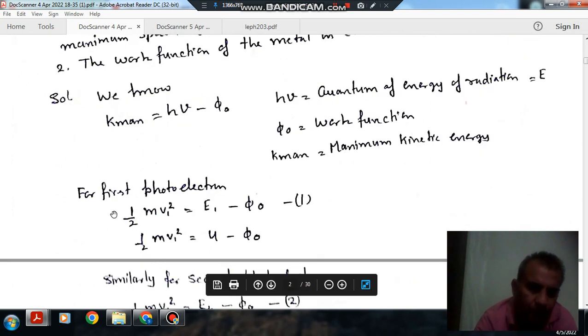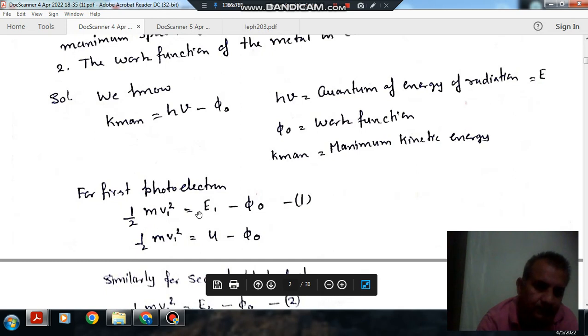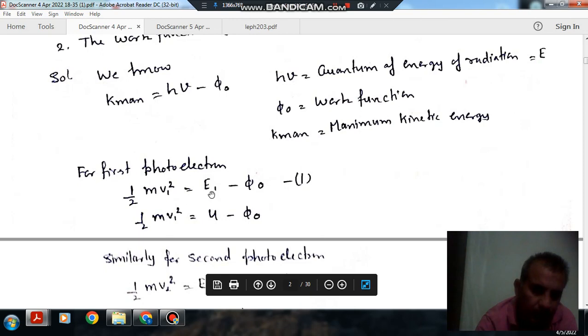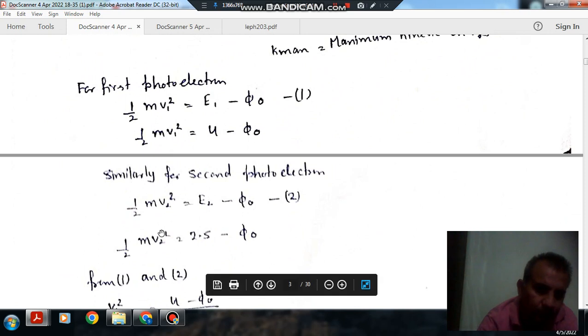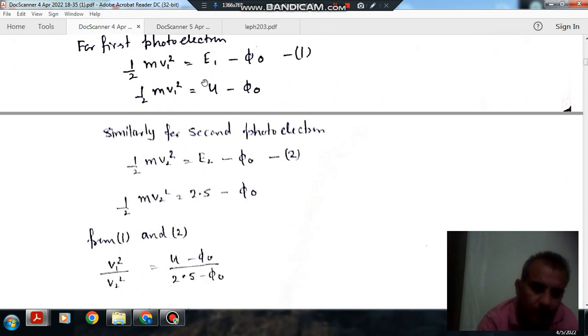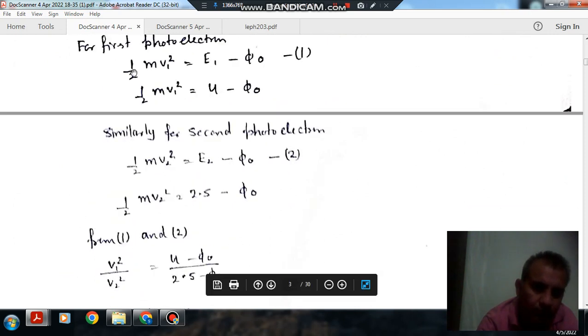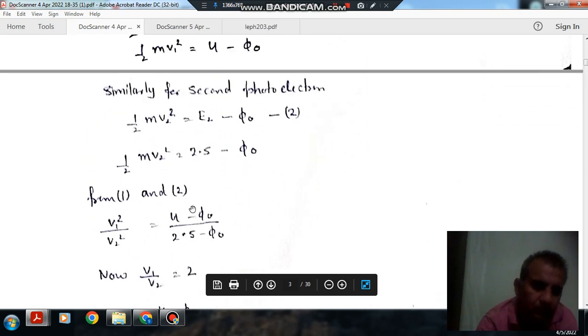For the first photoelectron, suppose v1 is the velocity and m is the mass; then kinetic energy half m v1 square is equal to E1 minus phi naught, where E1 is 4. For the second, E2 is 2.5 and the velocity is V2, and the work function remains the same because they fall on the same metal. Dividing 1 by 2, we have 4 minus phi naught divided by 2.5 minus phi naught, and V1 by V2 is given as 2.